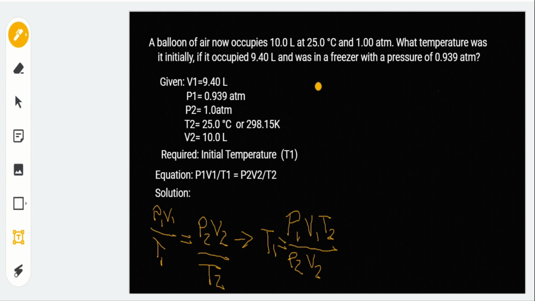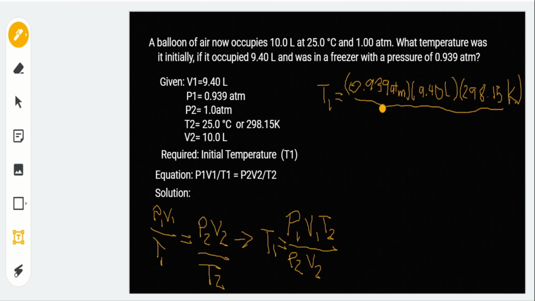So, let's substitute now our given. Our initial temperature is equal to 0.939 atmosphere times our initial volume, which is 9.40 liters, times our final temperature, 298.15 Kelvin, over the product of the final pressure, which is 1.0 atmosphere, times the final volume, which is 10.0 liters.